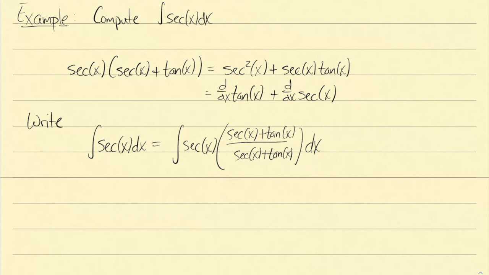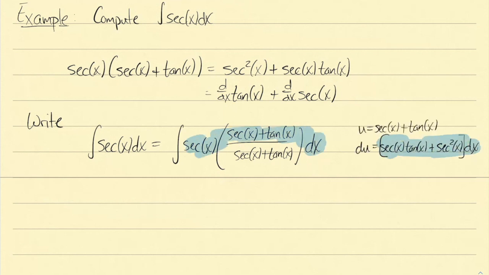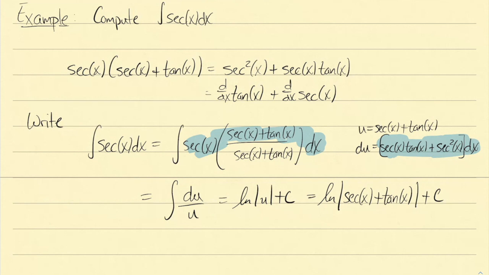So if you let u be secant x plus tan x, then you'll notice distributing across the top, we'll get du. So we can see that we match these two highlighted sections up. The highlighted section becomes our du. So we can see that the antiderivative for secant of x is the natural log of the absolute value of secant x plus tan x plus c.